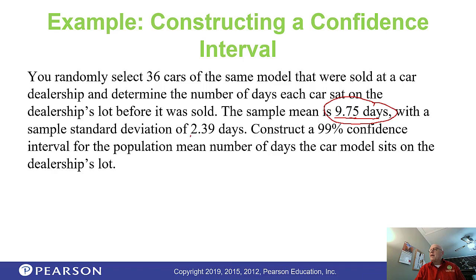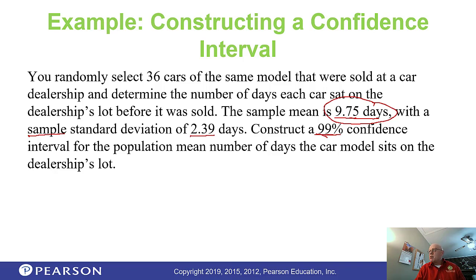And there's a standard deviation on that of 2.39, but remember, that's the sample because we don't have it for the year or for 5 years or 10 years, in which case we'd have the population one most likely. You decide on a confidence level of 99%.